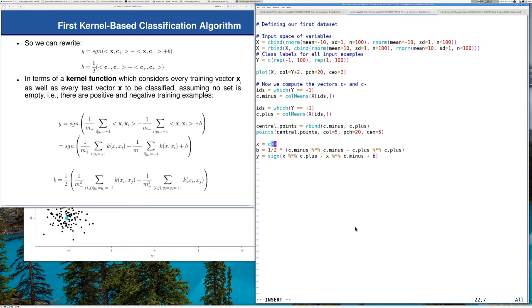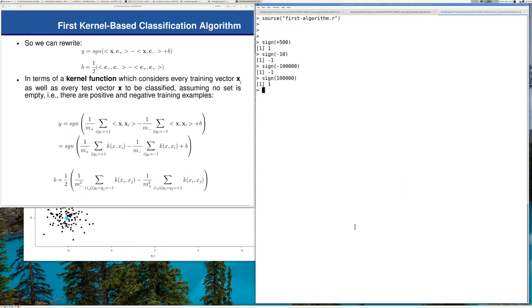You guys know that the average, like 10, 10, is the positive side. So let's see if it returns positive 1 when I print it. It should. Let's run it like this. So, source, first algorithm, and it returns positive 1.